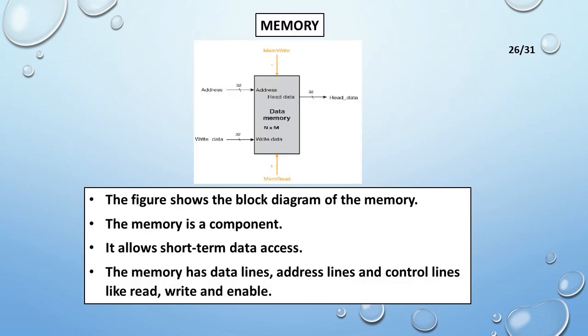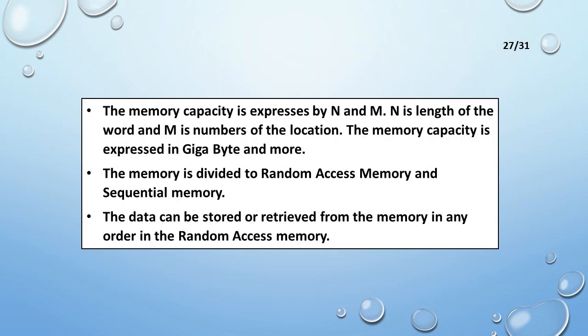Memory. The figure shows the block diagram of the memory. The memory is a component. It allows short-term data access. The memory has data lines, address lines and control lines like read, write and enable. The memory capacity is expressed by n and m, where n is the length of the word and m is the number of locations.